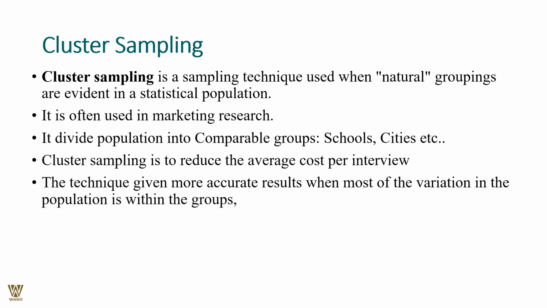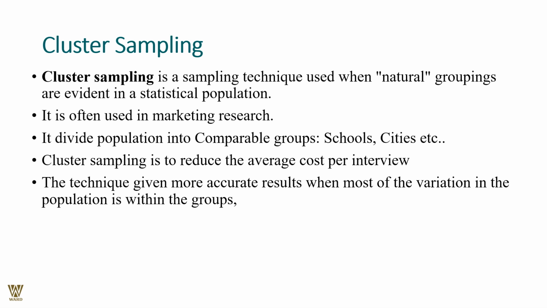Let us talk about cluster sampling. Cluster sampling is a sampling method used when natural groupings are evident in a statistical population, people who are educated, irrespective of the skin color, people who are from a similar background, again, irrespective of their age. We have certain sampling techniques which are completely natural.